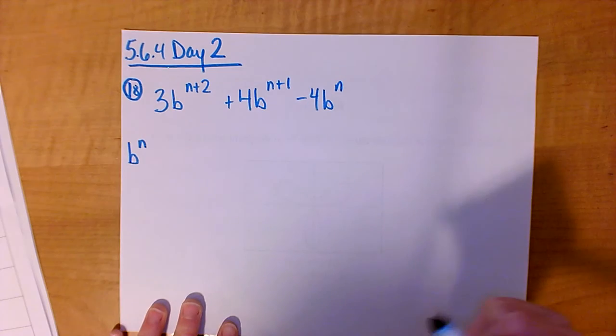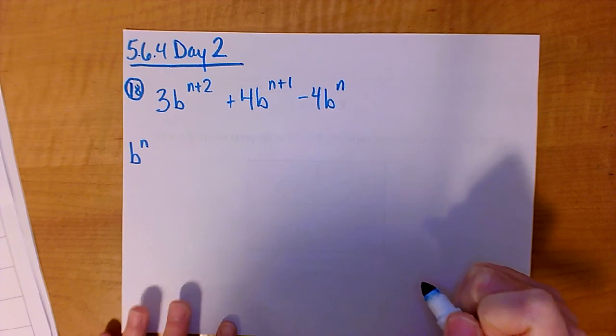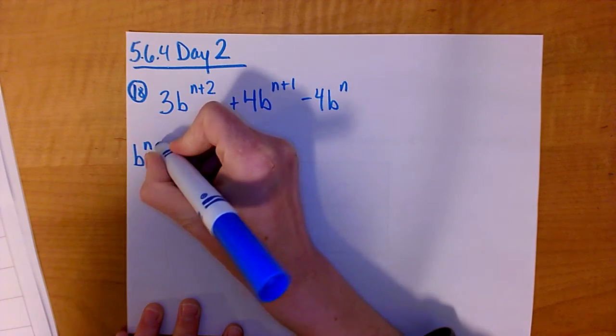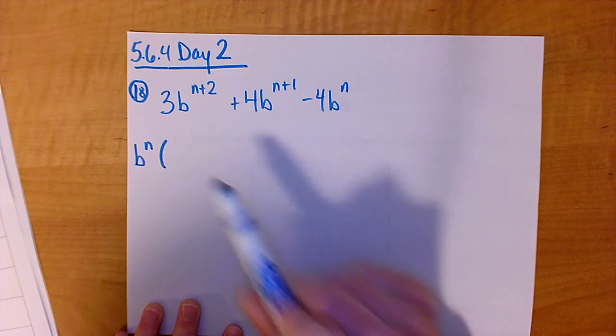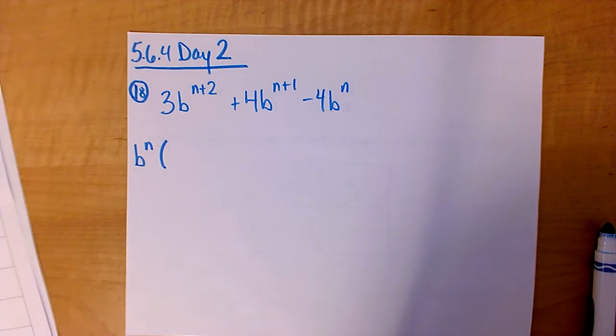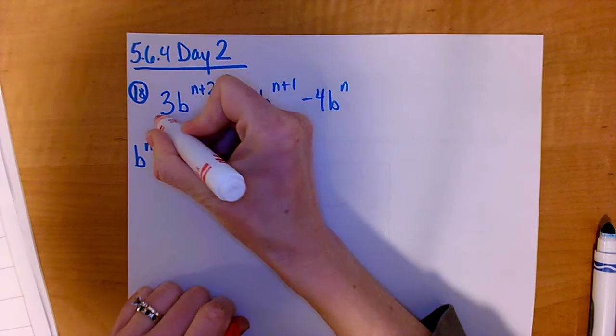The first thing you always want to do when you factor anything is look for a GCF. So we've got a GCF of b to the n, and if we pull that out, what we're doing is dividing every single term by b to the n. That's what you can picture in your head.